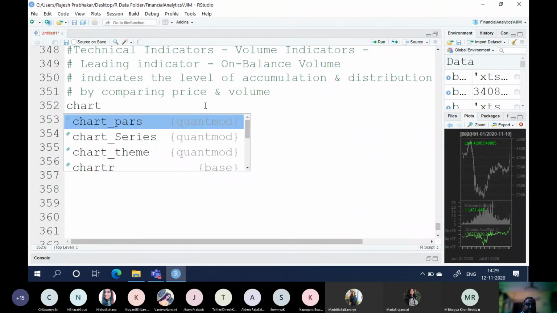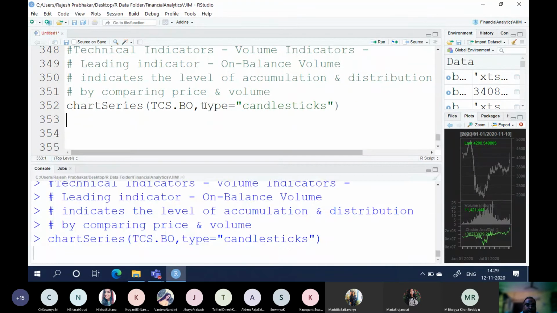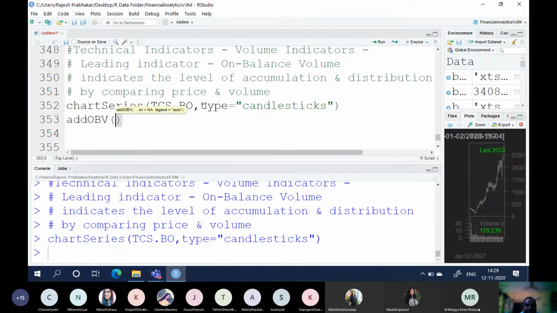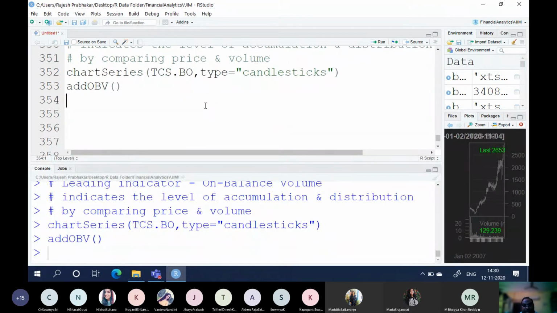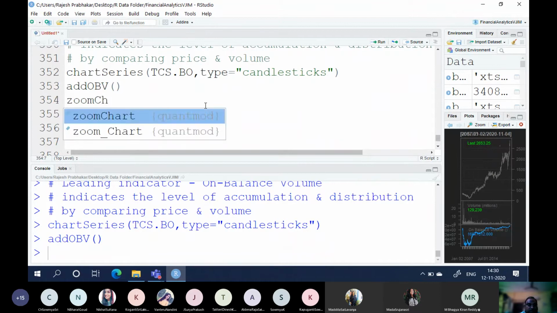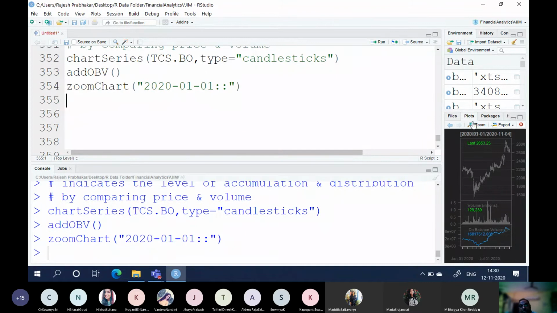So chart series TCS.BO, type is equal to candlesticks, add OBV, on balance volume, zoom chart. So OBV is like this.